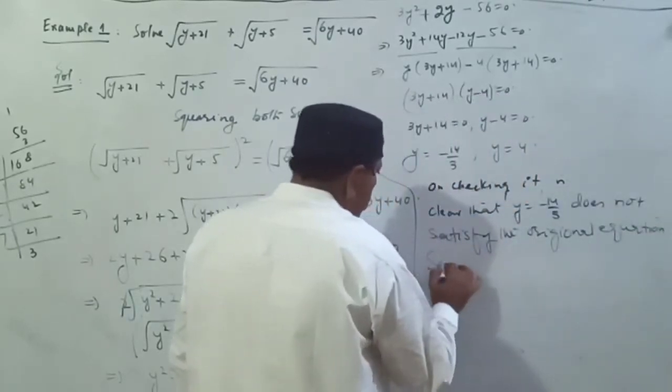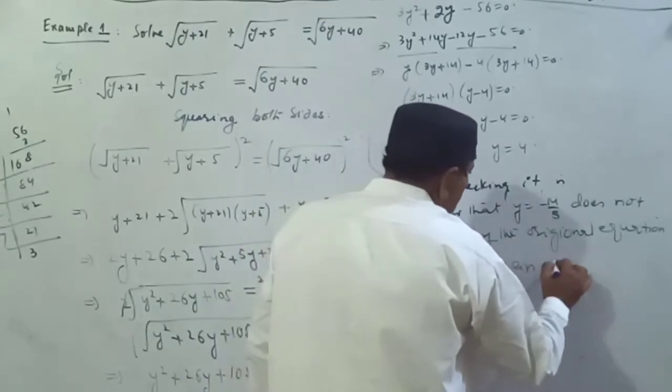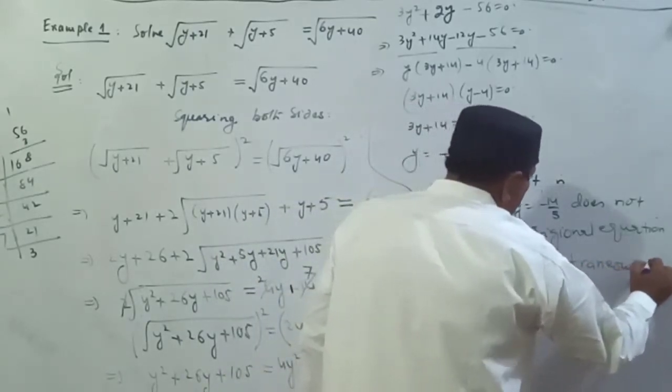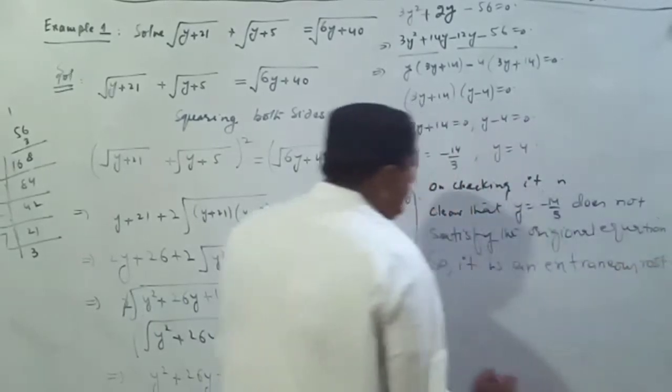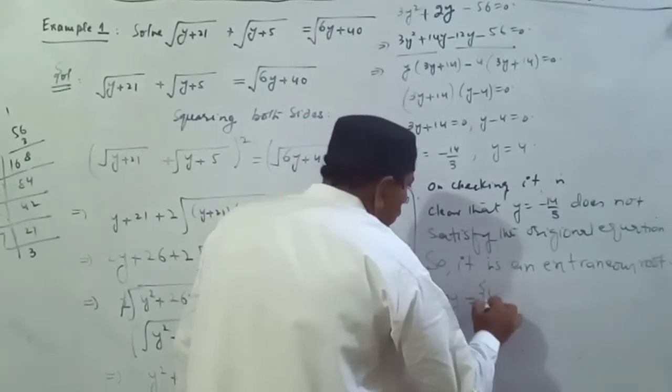So it is an extraneous root. So therefore y is equal to only 4.